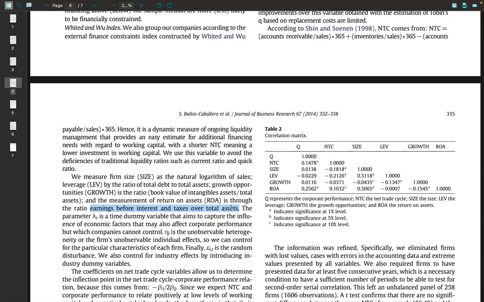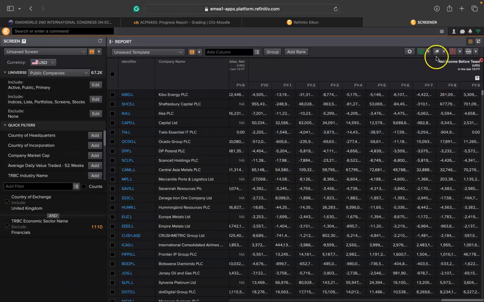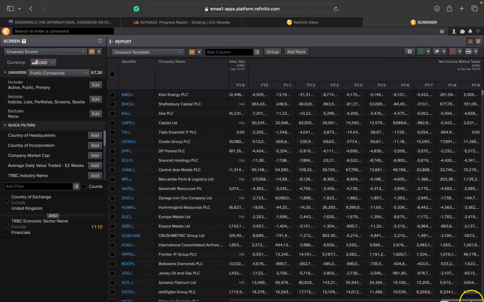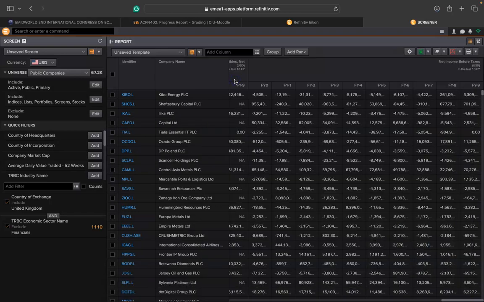So the next thing is actually download this data. So I have the data, and I'm going to go over here, then export all as values, and it will automatically download my data in the Excel format. So all of my data is readily available.